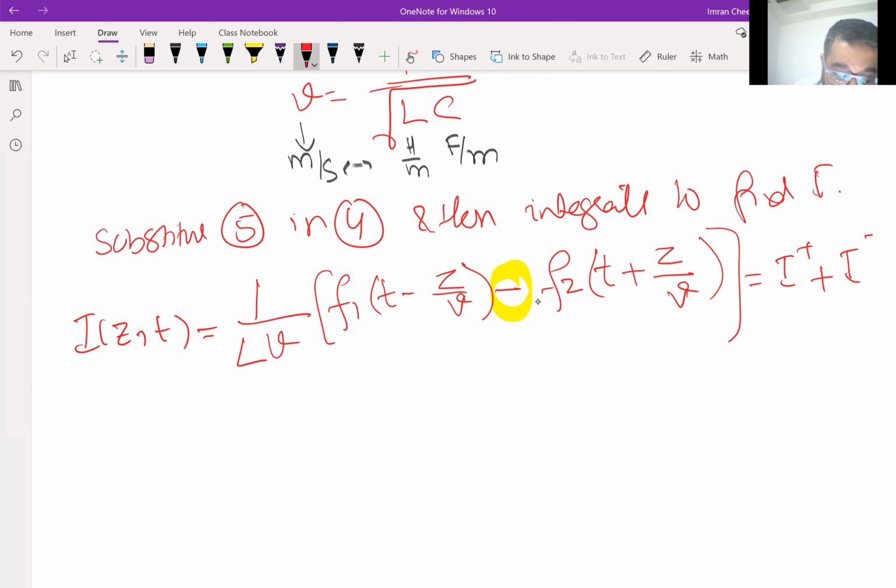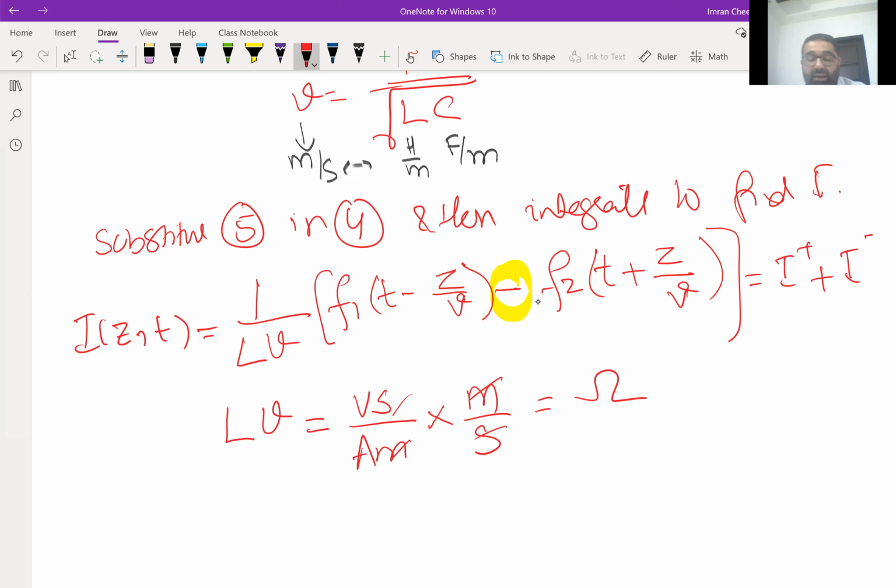So this LV, if I do the unit analysis of this inductance times velocity, you can see the inductance is volt second per ampere meter, times meter per second. So this is actually volts per ampere, which is ohms. So this LV is kind of ohms.